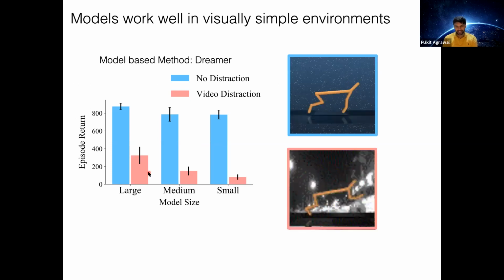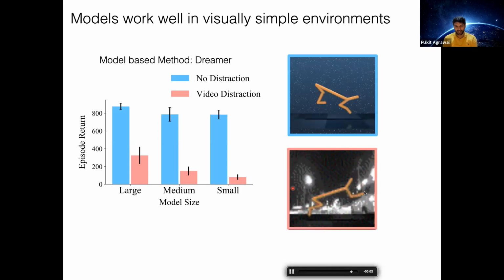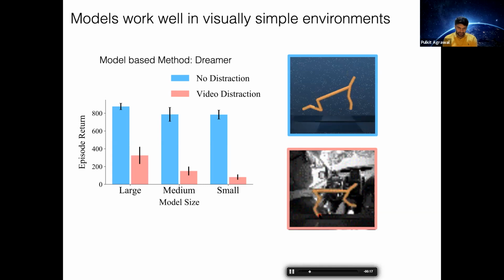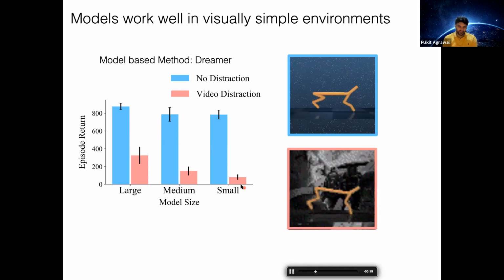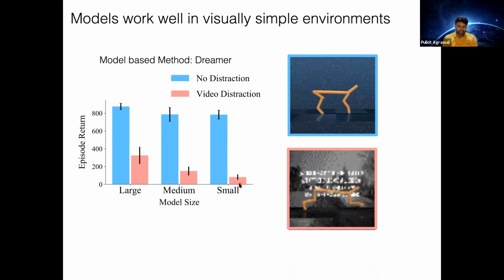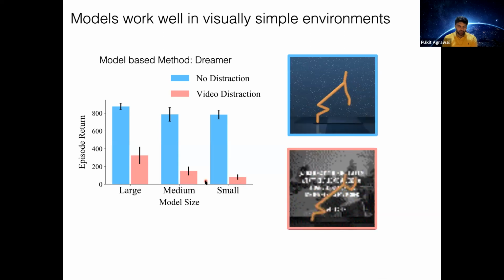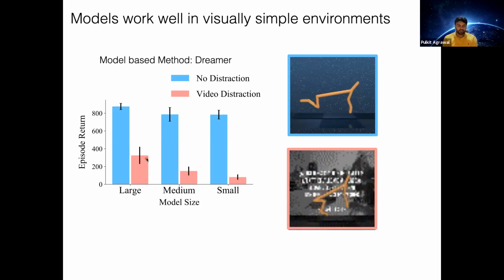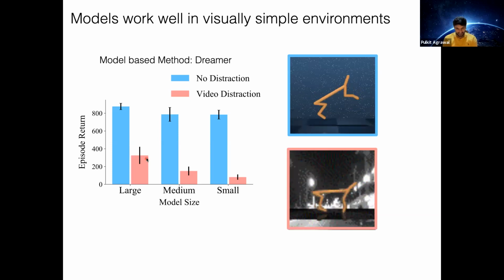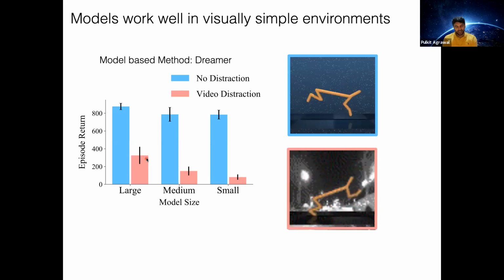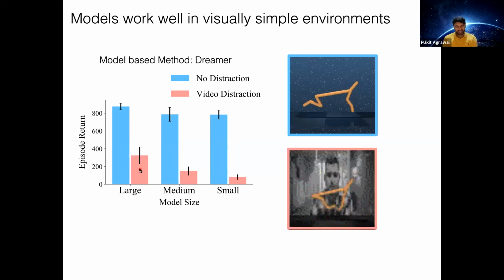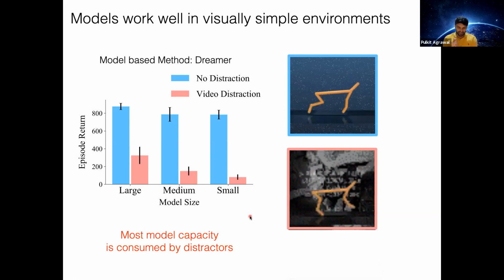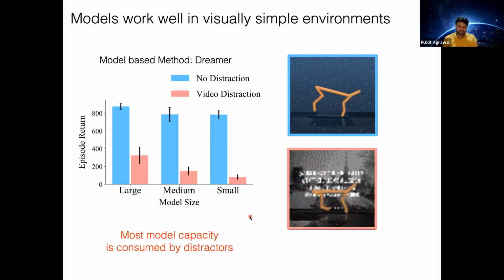Because if I'm reconstructing, I'll also end up paying attention to the background, and I'll need to spend energy modeling the background. This is again verified by the fact that as my model size increases, my performance also increases, which suggests that most of the model capacity is being used in modeling the background, instead of really modeling the right thing.